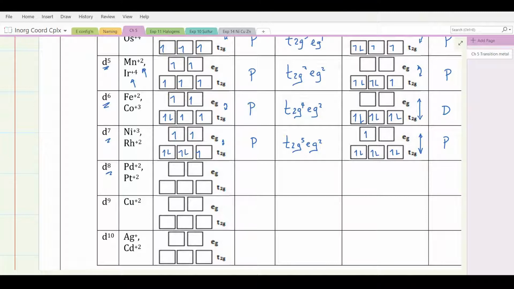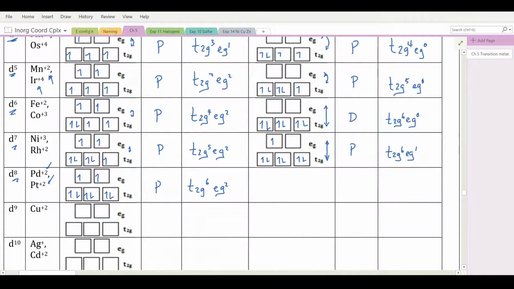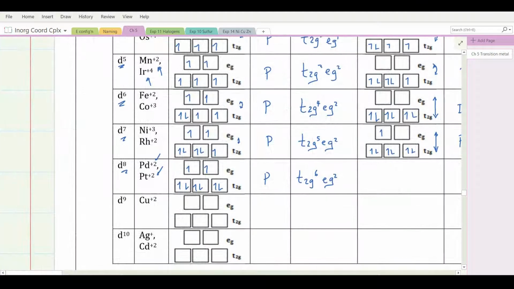So palladium 2+, platinum 2+, 8 valence electrons, 1, 2, 3, 4, 5, 6, 7, 8. It's paramagnetic, t2g6 eg2, 6 plus 2 is 8, and there's no other possibility here.